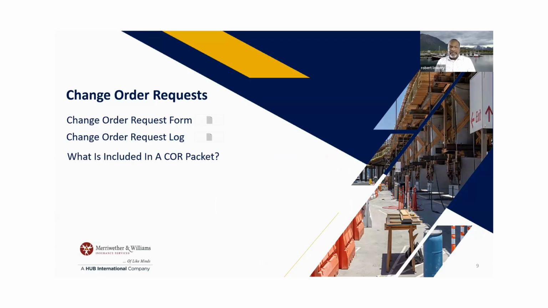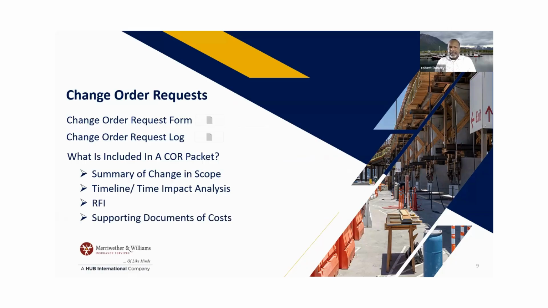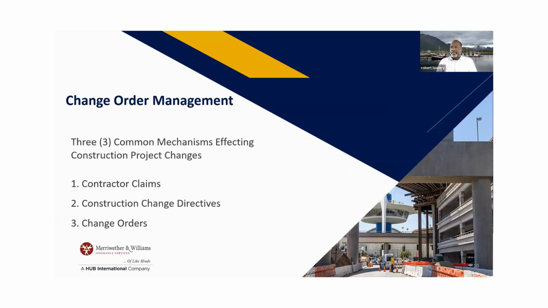So we just answered what is included. And here's RFIs. You'll get this PowerPoint, so you'll see all this and PCIs, correct. The three common mechanisms for affecting construction project changes are contractor claims, change directives, and change orders.